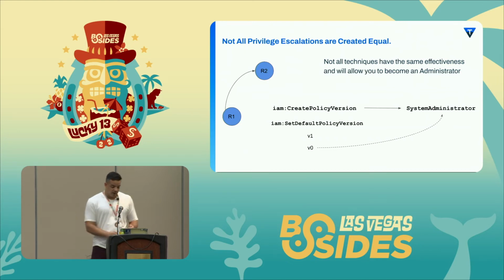So if you have the policy version V1 here that allows you to set the default policy version, but policy version V0 doesn't allow you to become a system administrator, this technique of privilege escalation might give you some more permissions, the permissions of version 0, but not make you a system administrator, right?